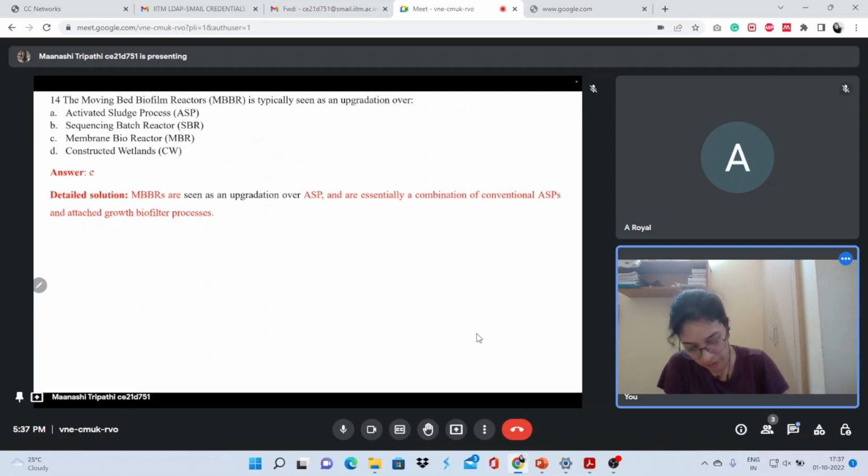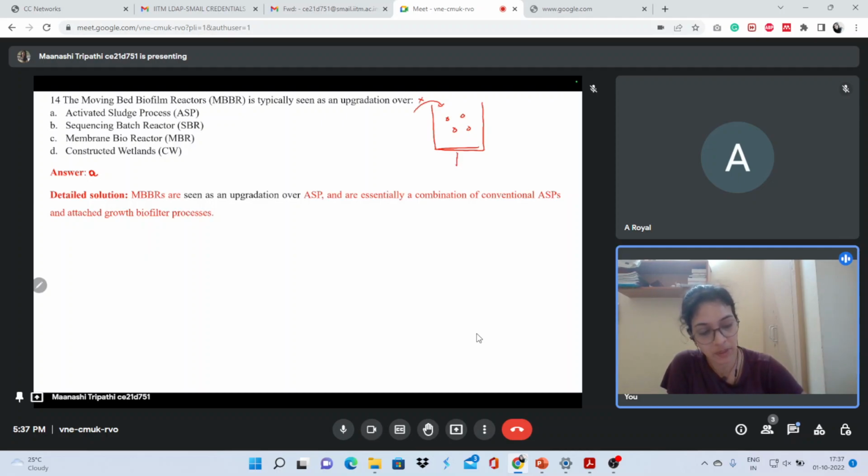See, in ASP only we will add some plastic media, and what changes will we do? We are adding plastic media, that is the first change. And in ASP usually water was coming from here, but now we don't want this.